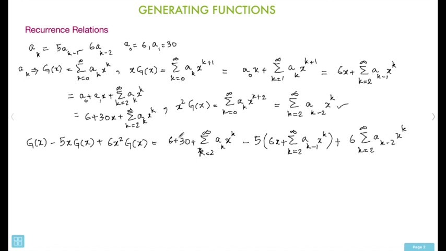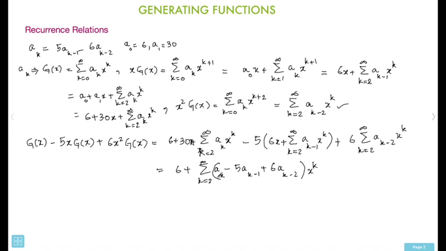Okay, now this 30x goes with this 30x. So then I will get 6 plus the sum from k is equal to 2 to infinity of (a_k minus 5a_(k-1) plus 6a_(k-2)) times x^k.